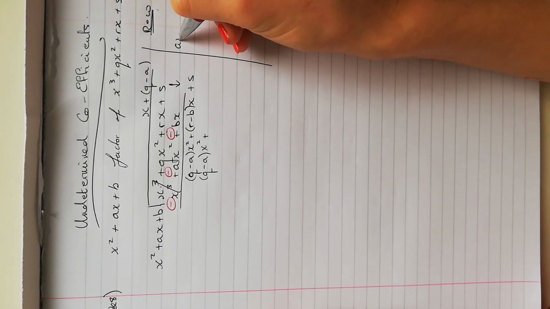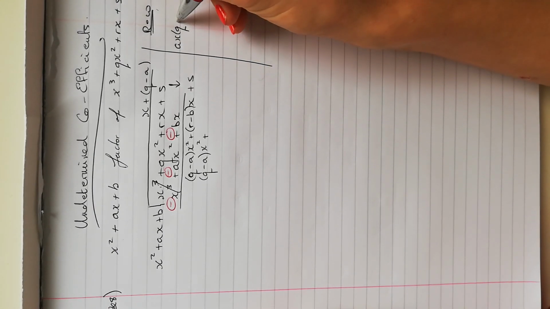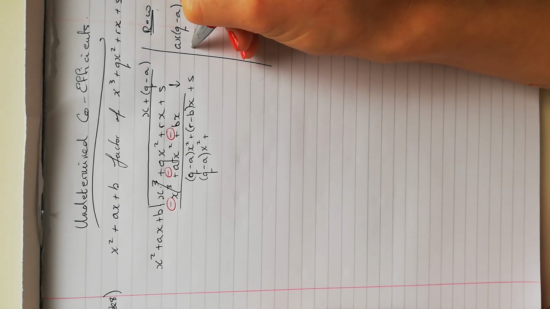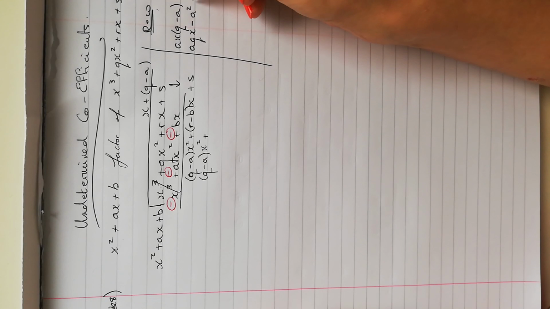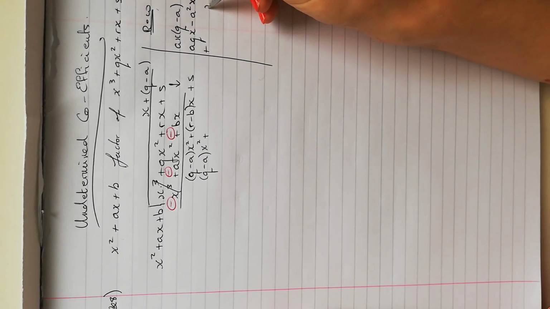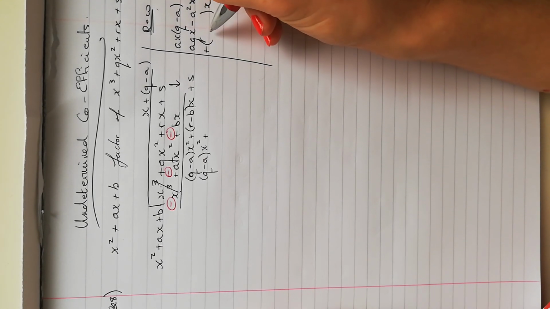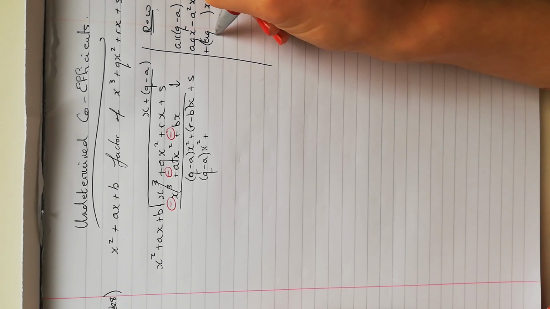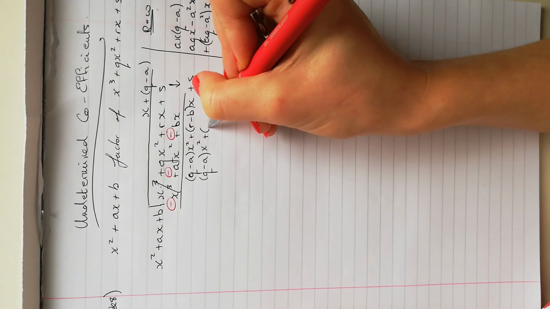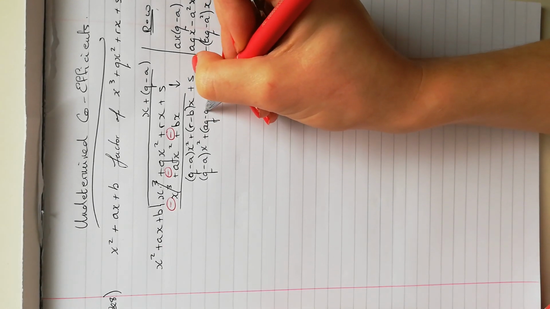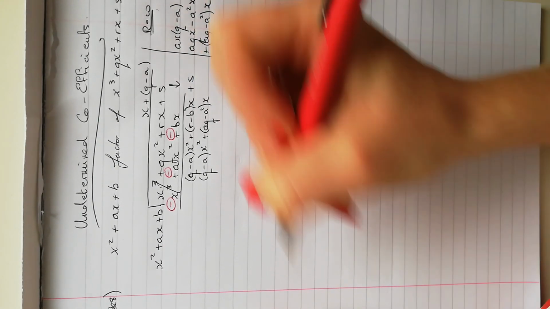We're doing a x times (q minus a). So that's a q x minus a squared x, and then what I'm left with here is (aq minus a squared) x, and then I'll pop that over here.